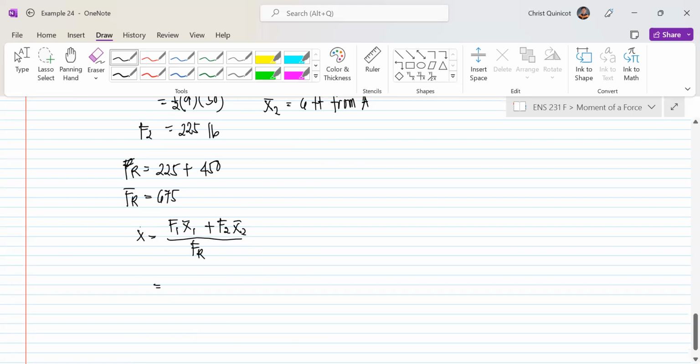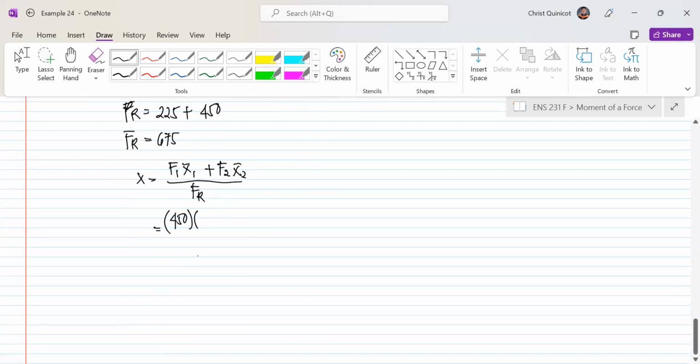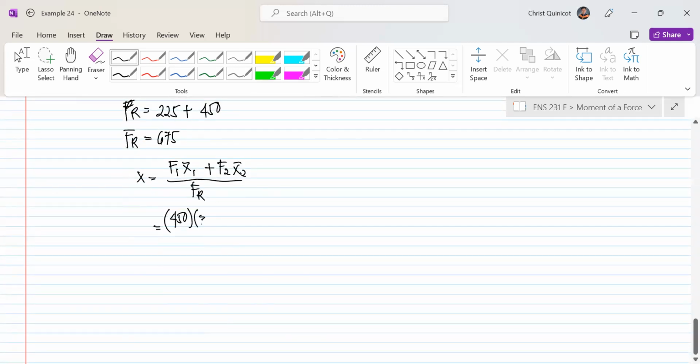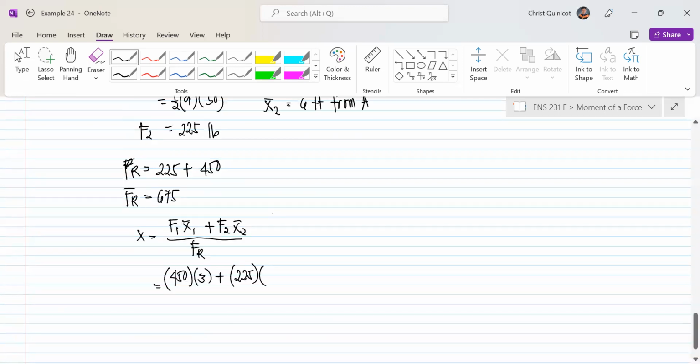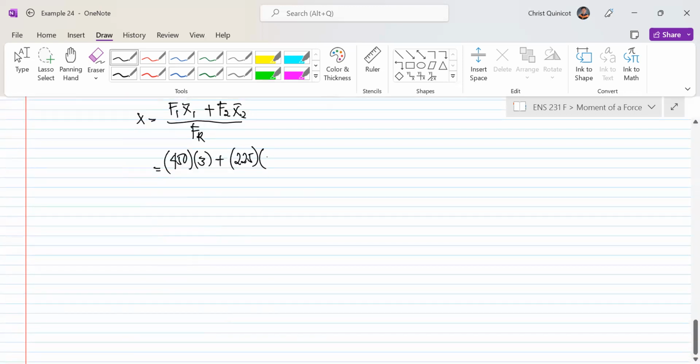For our f sub 1, that is our bigger triangle, that's 450 and its perpendicular distance from A is 3, plus f sub 2 is 225 and the perpendicular distance of f sub 2 from A is 6, divided by 675.